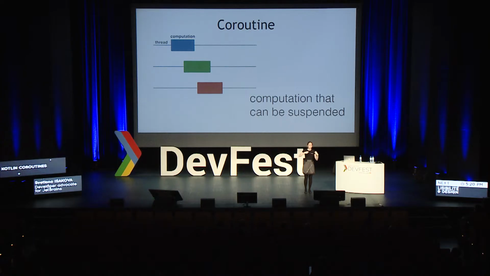Then let's discuss how a coroutine is different to a thread. To explain this difference, I will use the following pictures. In my talk, I will have lots of pictures today. I understand that it's the second half of the day, so you might be tired. I hope that pictures will help.